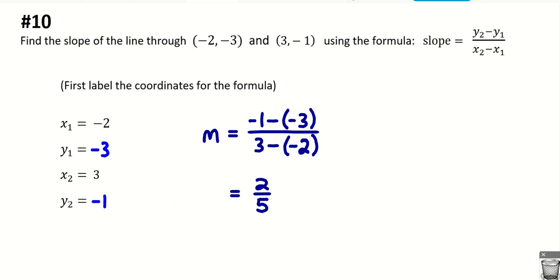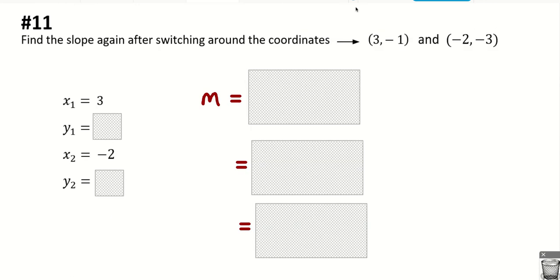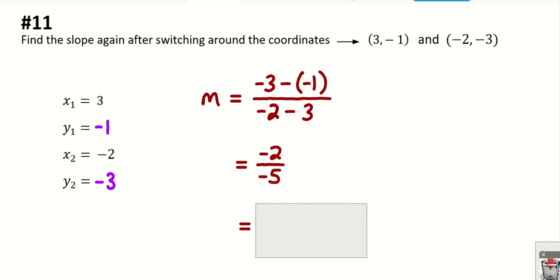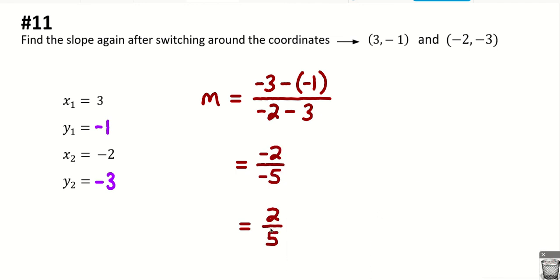But then in number 11, you were supposed to switch them. So now 3 comma negative 1 was your x1 and your y1. So basically you just ran through this formula twice for the same coordinates, but they were switched around for number 11. Okay, but guess what? You still should have got 2/5, positive 2/5.